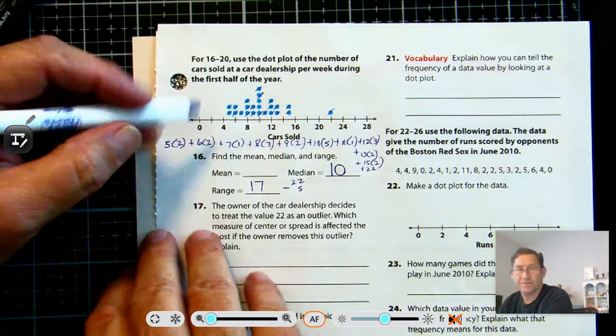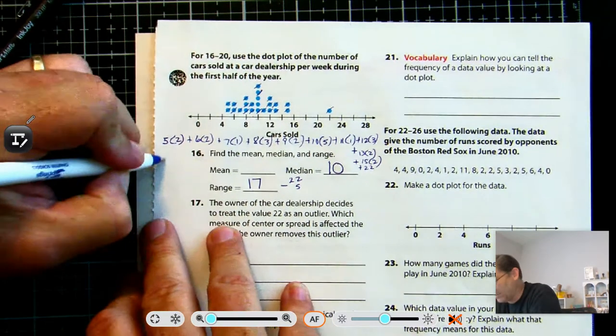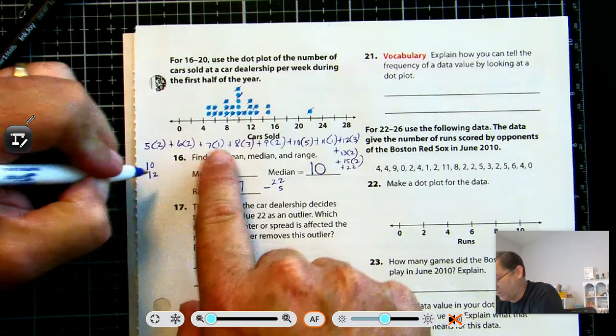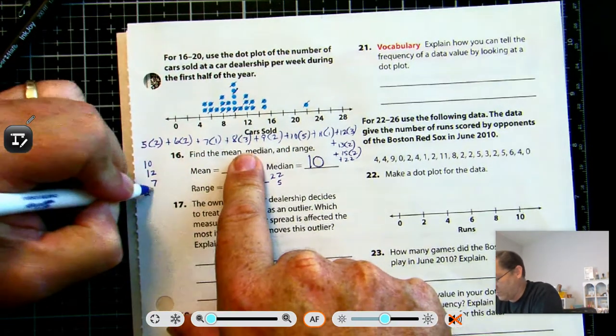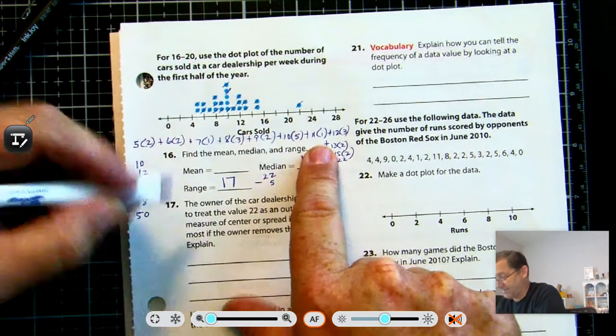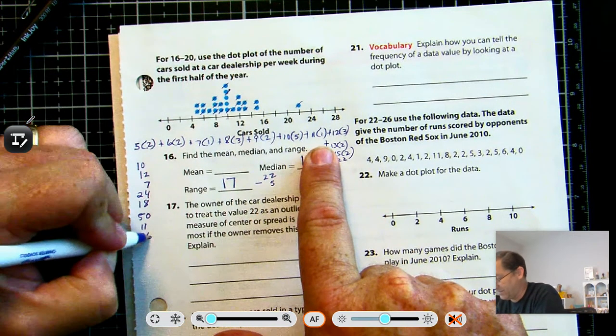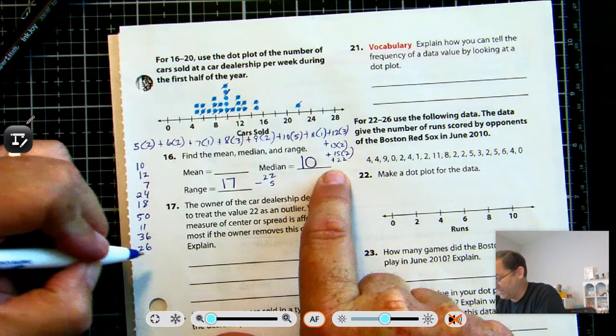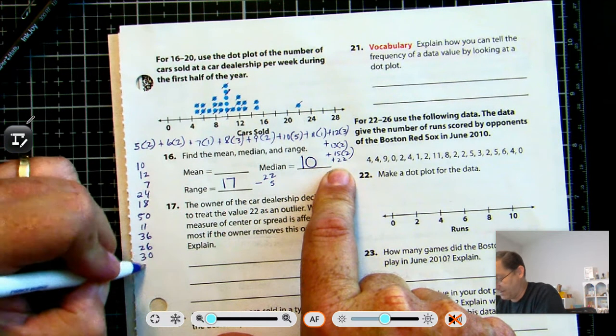Okay, so let's simplify these numbers. So 10, 12, 7, 24, 18, 50, 11, 36, 26, 30, 22.